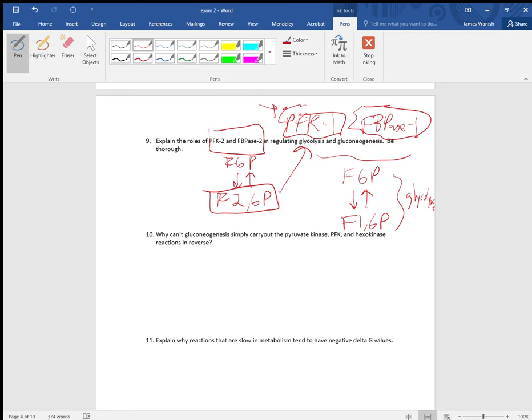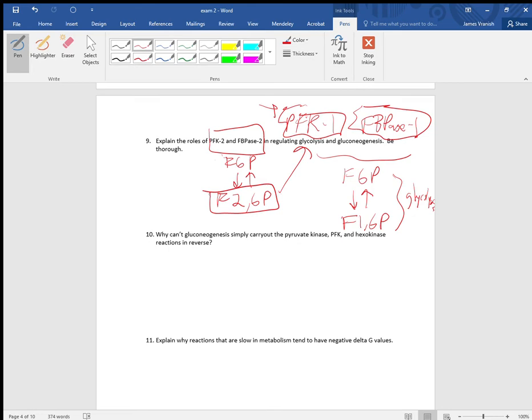So which one is in glycolysis? Anyone remember? So remember, if we have a lot of this compound here, fructose 2,6, this is a sign we have lots of sugar in general. Right? Which one of these two enzymes up here is in glycolysis? PFK1, right?